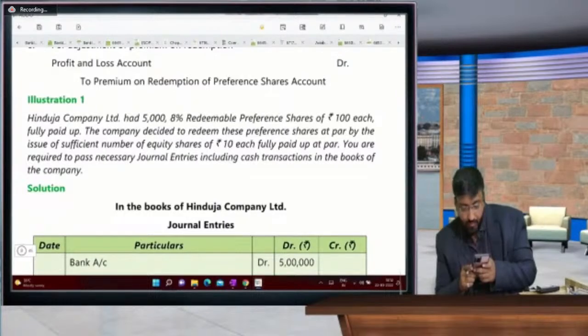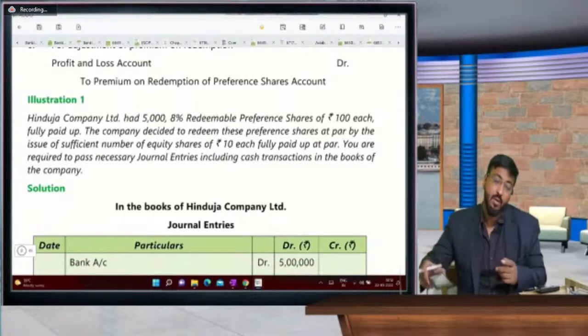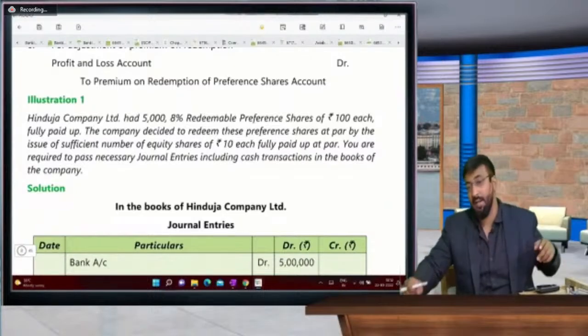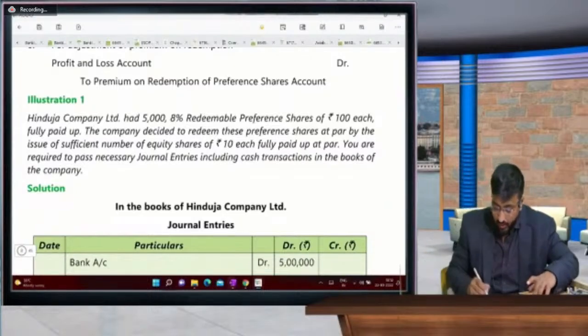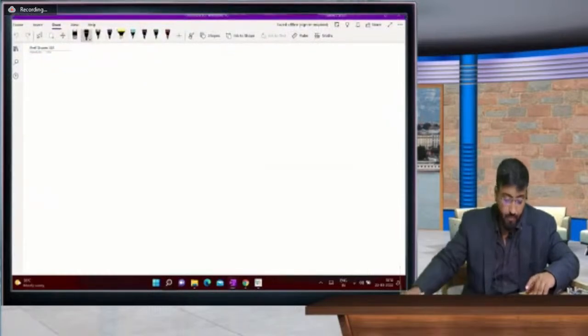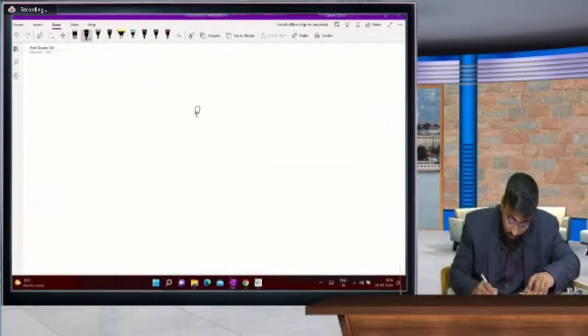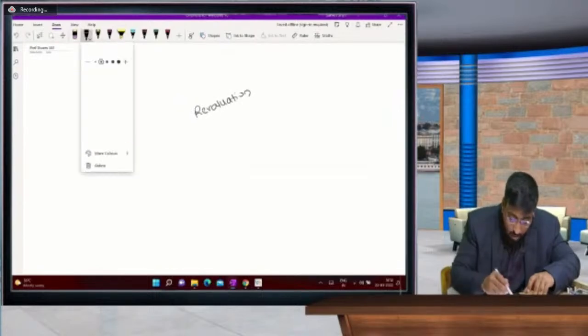Okay. See, understand one logic that I'm going to tell you. Sahil ji, revaluation reserve. Understand the logic of revaluation reserve.